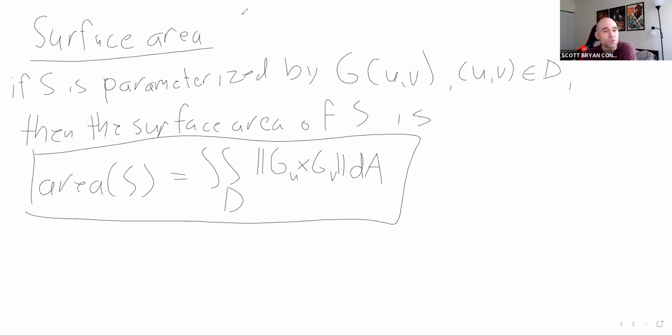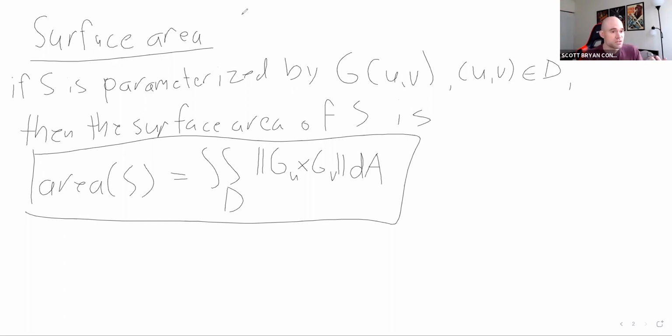So there's another way to write this, and this will bring us into surface integrals. Remember, if you want to find the area of a region in the plane, you just integrate 1 over that region with respect to area, dA. If we want to find the length of a curve, we just integrate 1 over that curve, so it's a line integral with respect to arc length, et cetera. If you want to find the volume, you integrate 1 over the region with respect to volume.